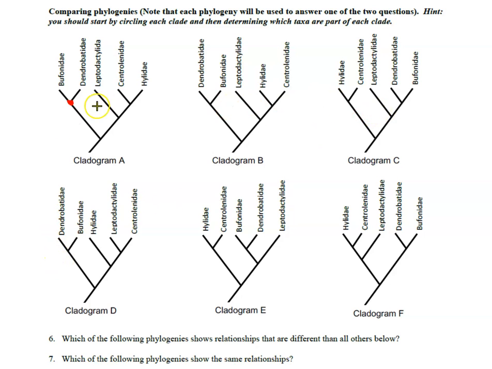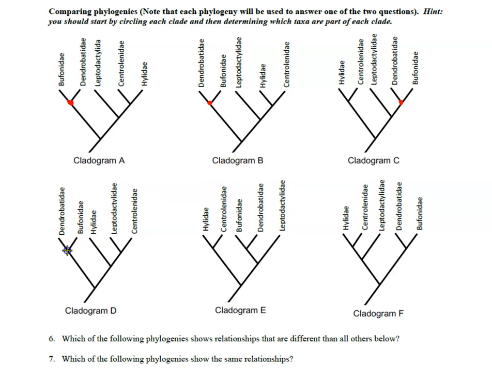We can then look for that same common ancestor on the other trees. So again, here B and D, they're sharing a common ancestor. So I'm going to put a node right there, that red node. Here on cladogram C, we again see B and D sharing this common ancestor. They're in slightly different orders, they're in different spots, but it's still the same branching pattern, still the same node, still the same common ancestor there.